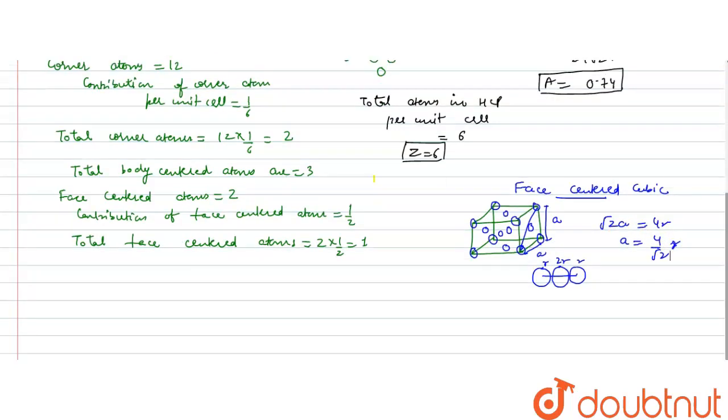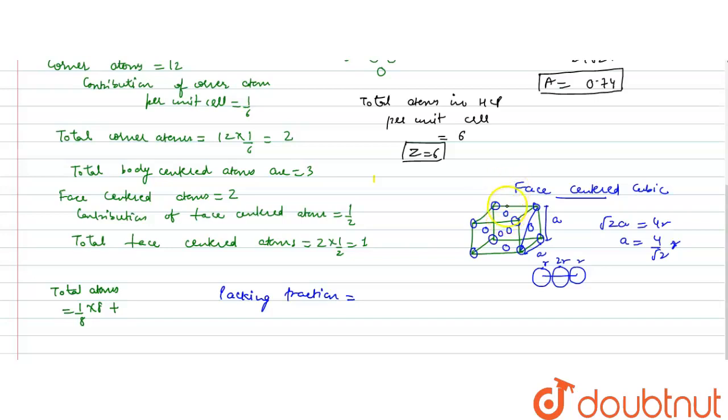Now we have to calculate the packing fraction. Also we have to calculate the number of atoms for FCC. So the number of atoms for FCC, Z, is equal to 4, because the corner atom will contribute 1 by 8, and total 8 corner atoms are there, so this will be 1 by 8 into 8, plus 6 face center atoms are present, and its contribution is half.